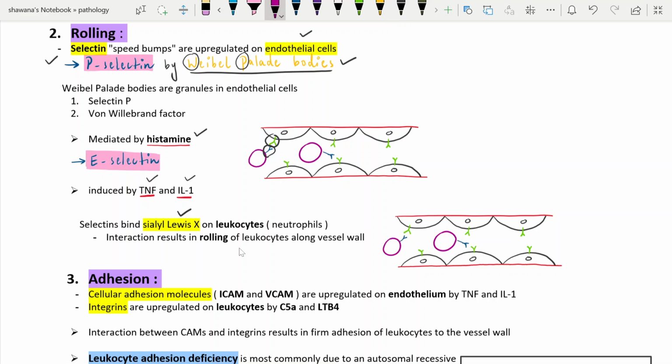So these selectins have been upregulated on the endothelial cells, right? But to which molecules are these selectins going to bind? They are going to bind to the Lewis X on the leukocytes. The interaction between the selectin and the Lewis X will result in the rolling of the leukocyte along the vessel wall.